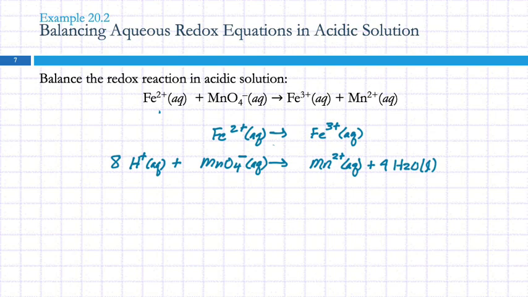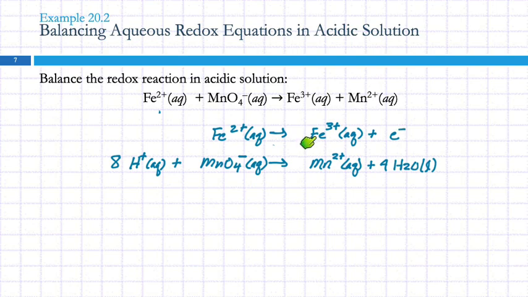Now we'll balance the charges, because neither of these has the same charge on both sides. Here I've got +2 and +3. Where should I put the electron? Over here, right?